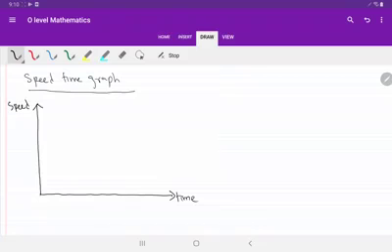So if you are told that the particle starts from rest and travels for, let's say, 30 seconds to attain a speed of 90 meters per second.